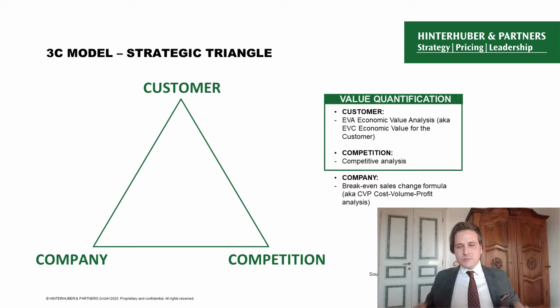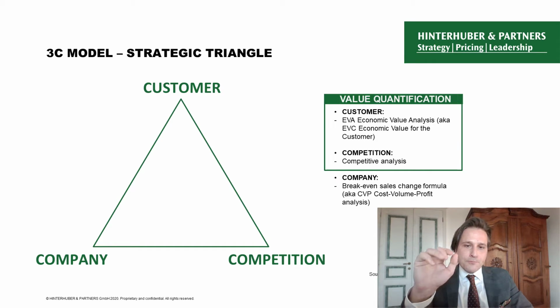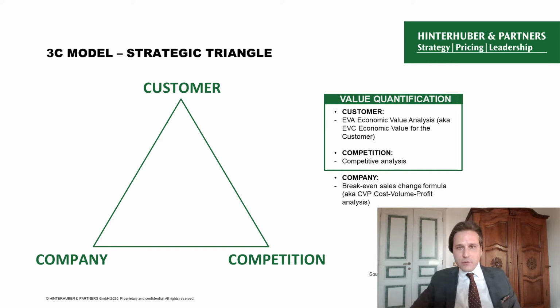So in spite of all the theory behind the triangle itself and the strategic implications of its thorough understanding, in this class we're going to look at those three analyses you see there: economic value analysis, the CVP analysis, and the competitive analysis.